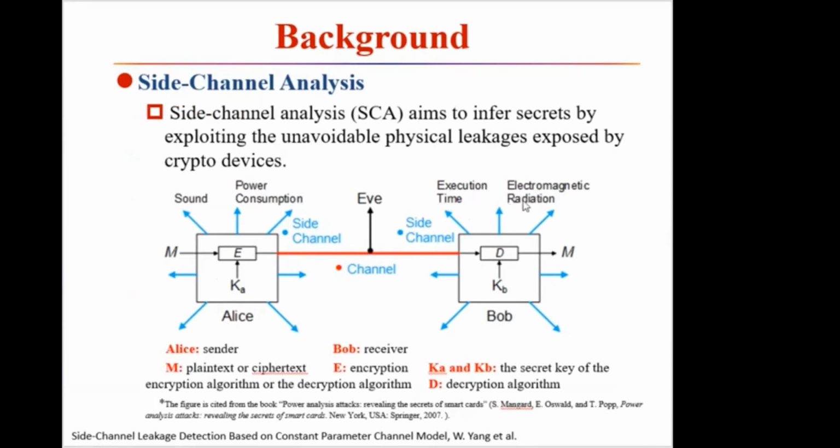Side channel analysis aims to retrieve secret information by analyzing these physical leakages. SCA has been a serious threat to crypto devices. Therefore, it is necessary to assess the resistance of a crypto device to SCA.